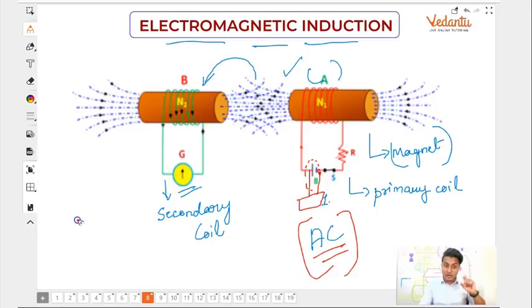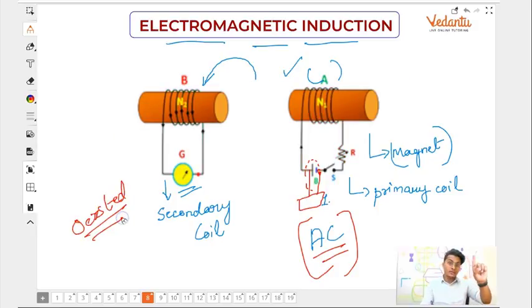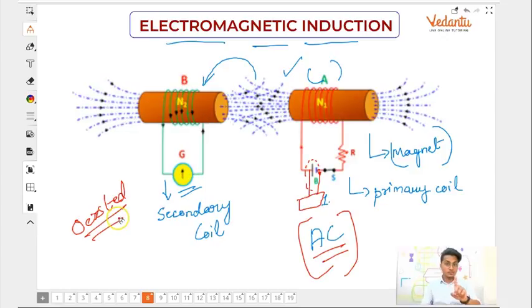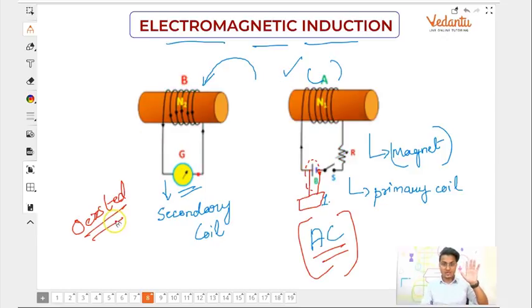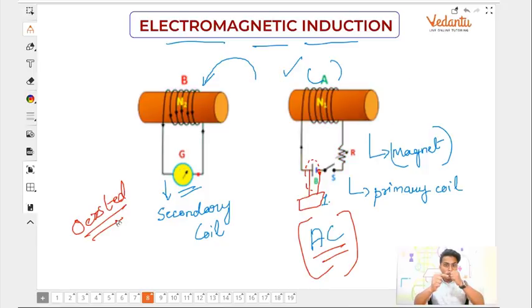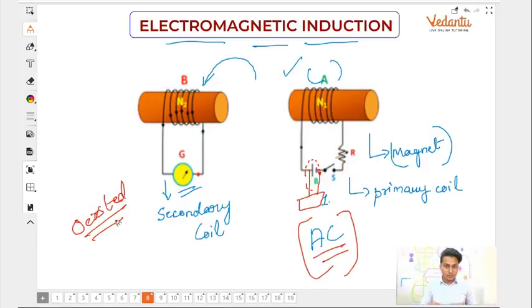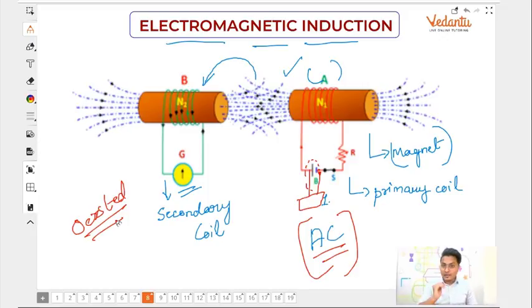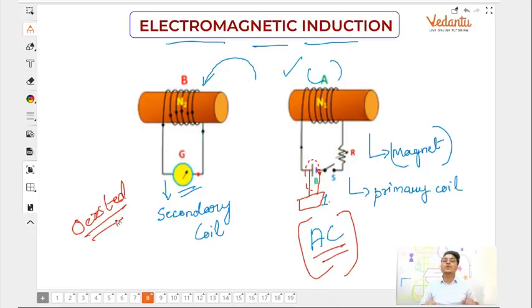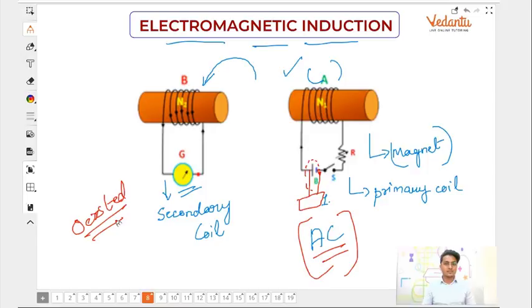This was told by Oersted very clearly. If I change the value of current, the magnetic field will change. Correct? This we already studied. So you cannot say no. When alternating current changes with respect to time, the magnetic field also changes with respect to time. So the statement which we said, that the magnetic field is constant here, no, it is not constant. It is changing. It is definitely changing.